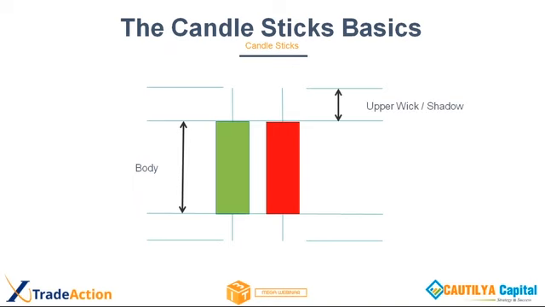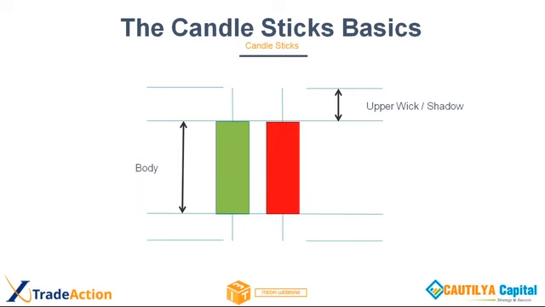And there is something called a wick at the top. The distance from the close to the high of a green candle, or the open to the high of a red candle, is called the upper wick. In candlestick language, they use wick. Some people call it shadow also. Based on my experience, I prefer calling it wick.